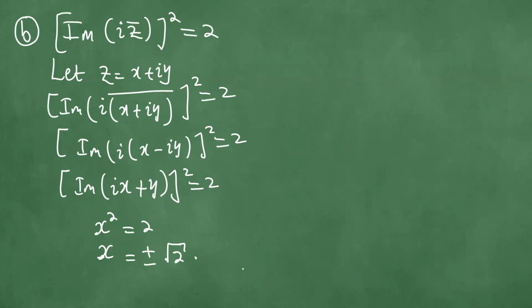Now how do we describe this? This describes 2 points. It means you have that x is the square root of 2, or x equals minus the square root of 2.